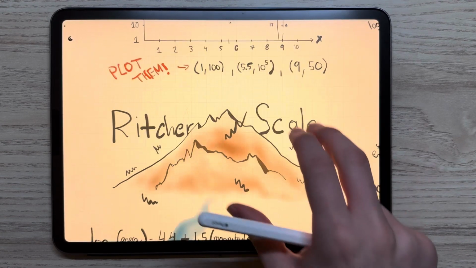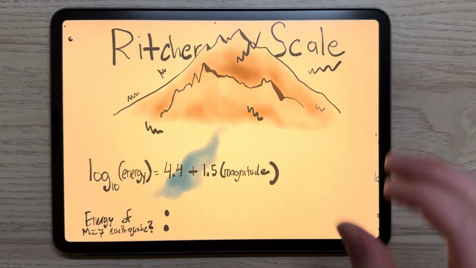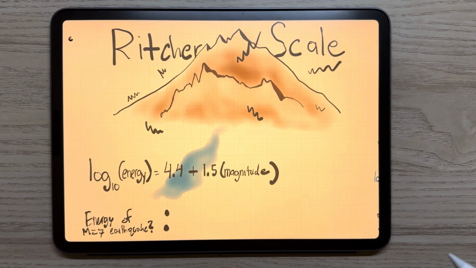So now I want to get into an application of logarithms and logarithmic scales and functions. There's something called the Richter scale, which is a scale that describes the magnitude of earthquakes.